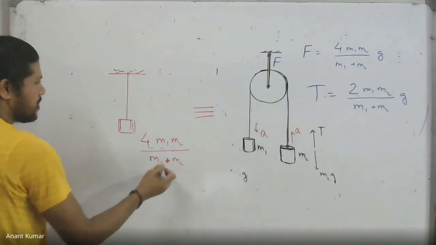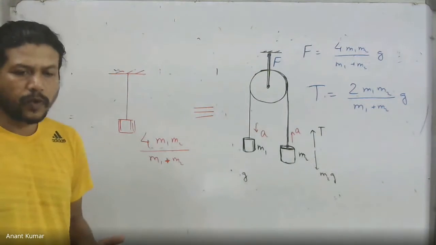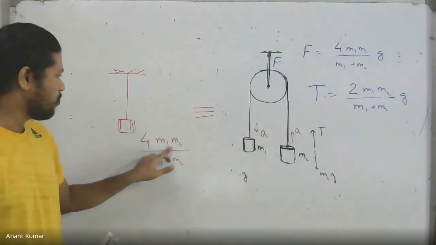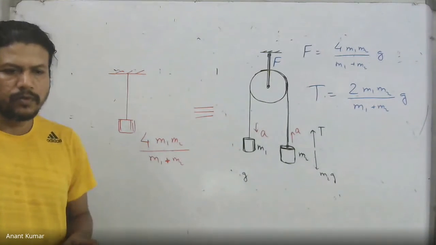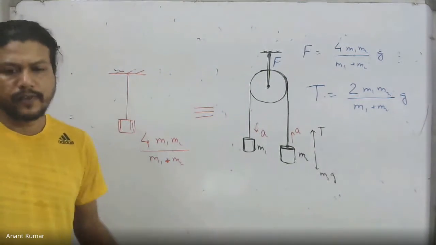Replacing the entire Atwood machine by a single point mass of that mass will make no difference to the ceiling actually.